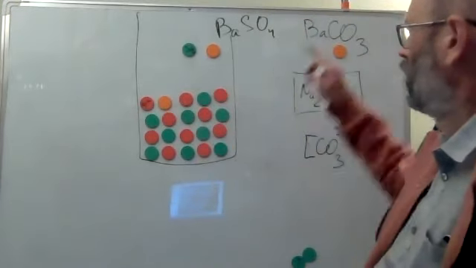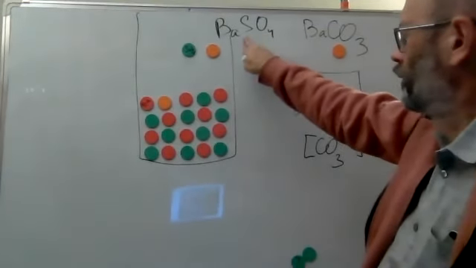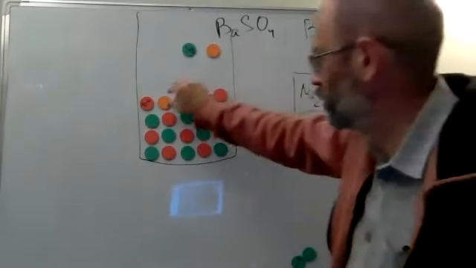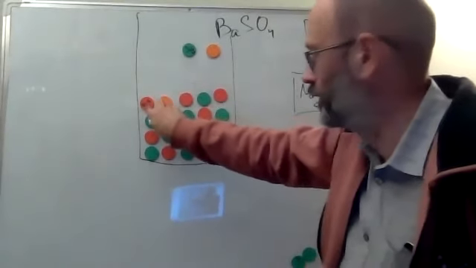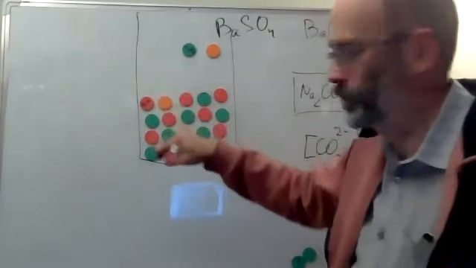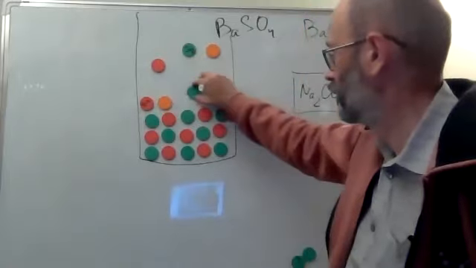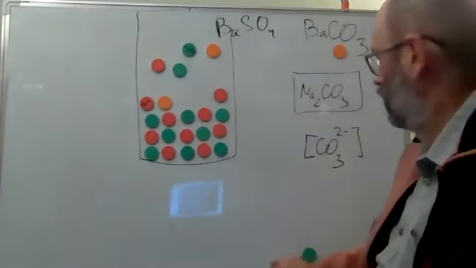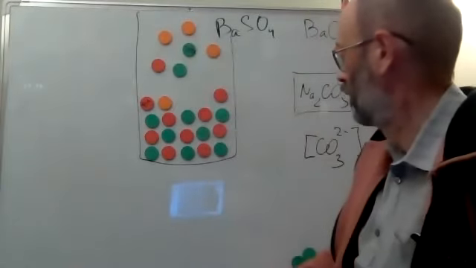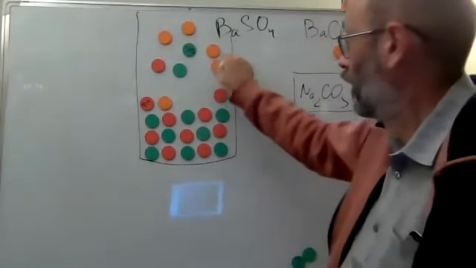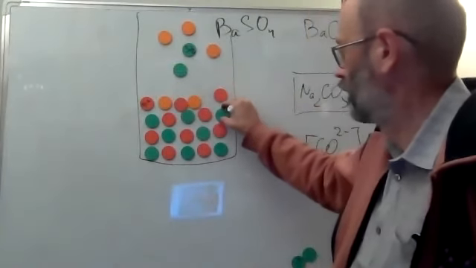But the solubility product of barium carbonate is lower than the solubility product of barium sulfate, which means this couple is not prone to go to a solution anymore. Instead, these ions will go to a solution. But if you have a large amount of carbonate here, they are likely to meet with barium and will precipitate again.